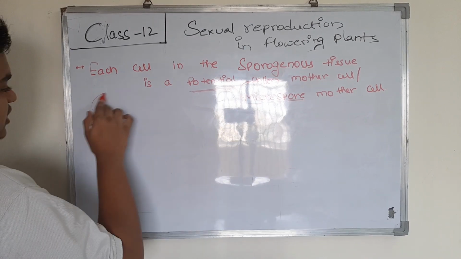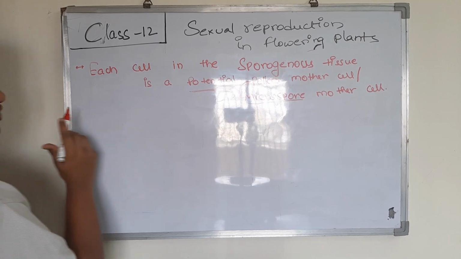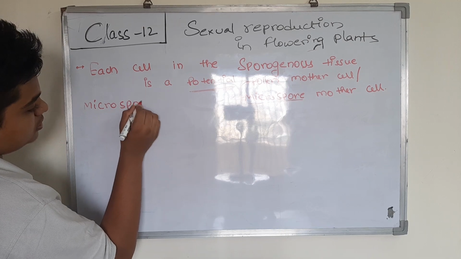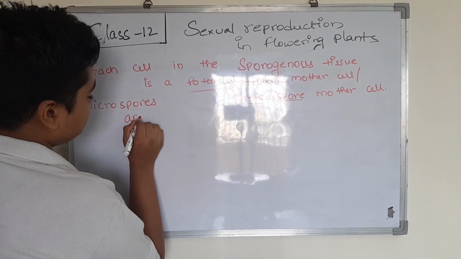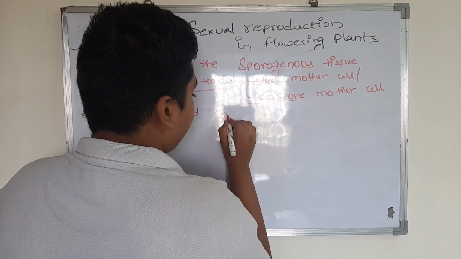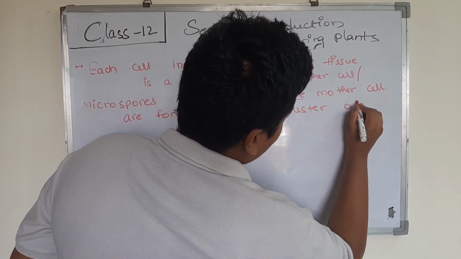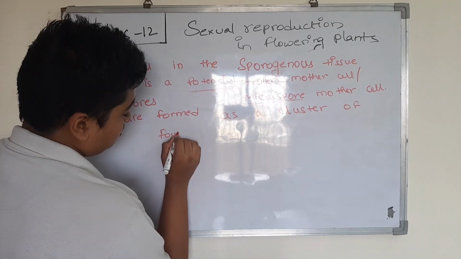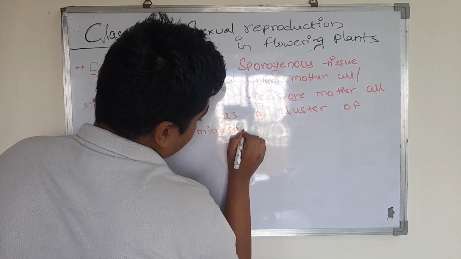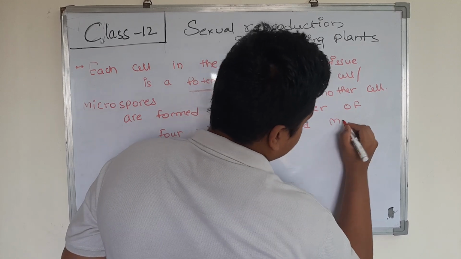They are formed as a cluster of 4 cells called a microspore tetrad.